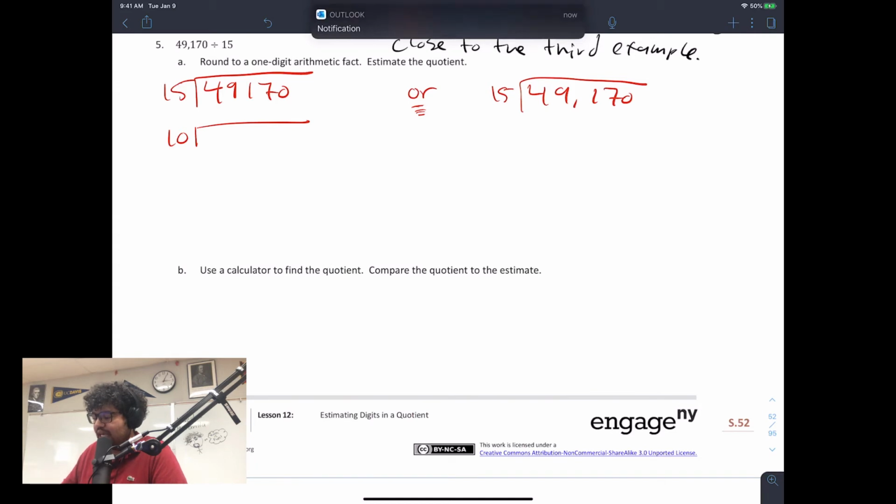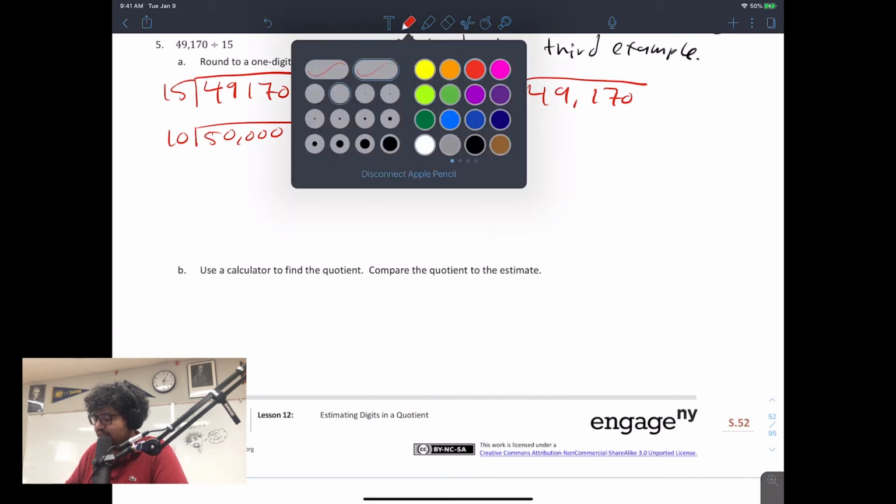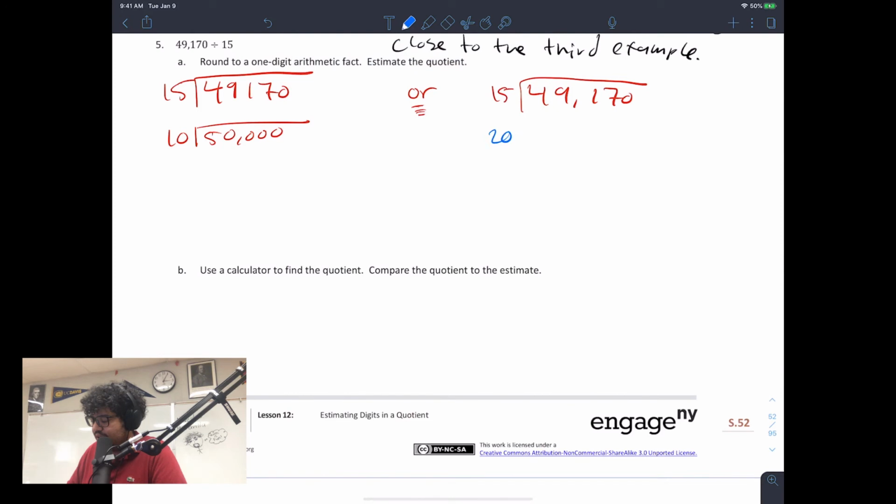49,170 can be rounded to 50,000. That would be the easiest. But on the right side, this 15, we can actually round it up, remember, because it's 15 to 20. And then the 49,170 again could be rounded to 50,000. So see what kind of different estimates we get here.